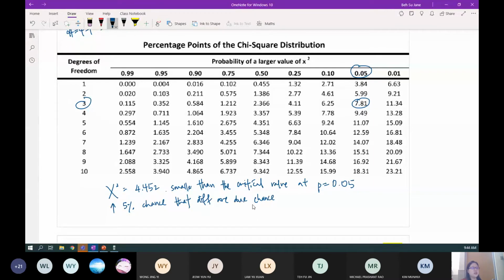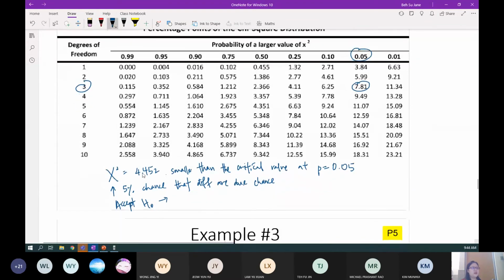Does this mean you accept or reject the null hypothesis? You accept the null hypothesis. And you say that there is no significant difference between O and E results.